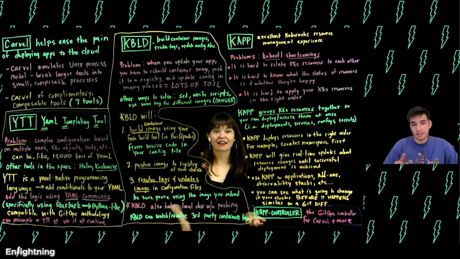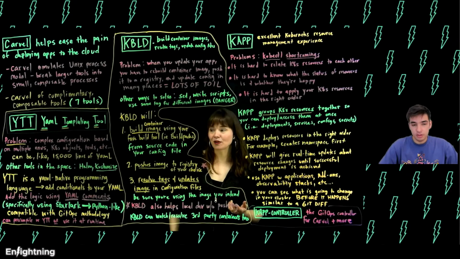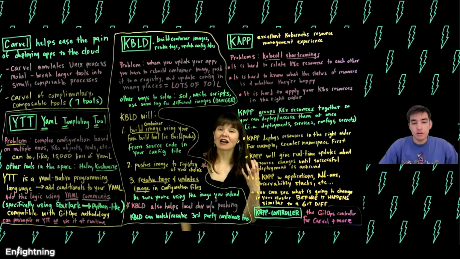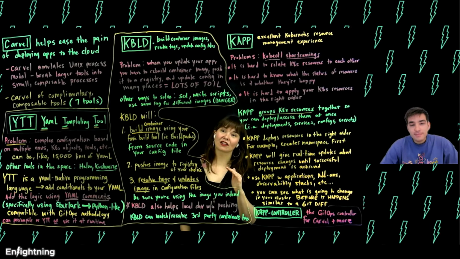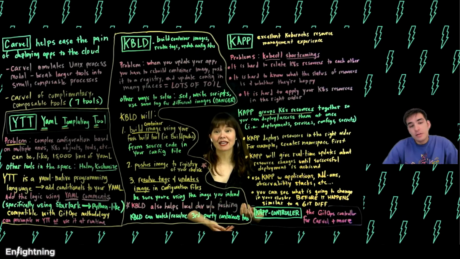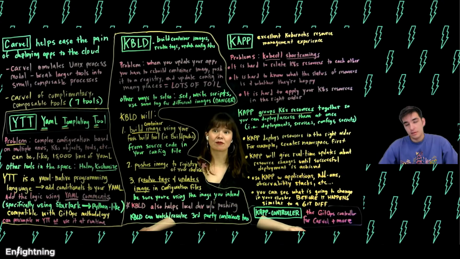And you do that in the overlays. Okay. And then you add the logic using YAML comments, specifically the Starlark language, which is a Python-like language. It is compatible with GitOps methodology, and all of the Carvel tools in general are.